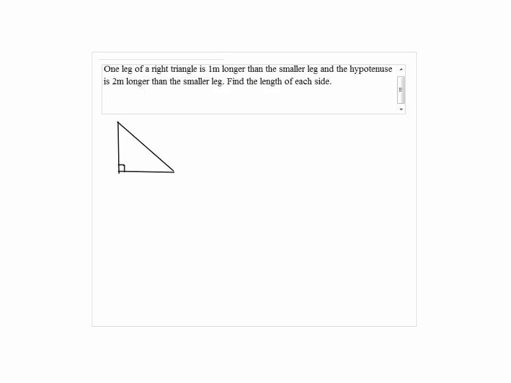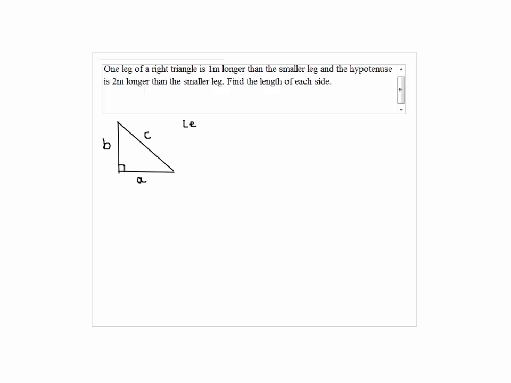One leg of a right triangle is 1 meter longer than the smaller leg, and the hypotenuse is 2 meters longer than the smaller leg. So let's assume we have A here being the smallest one, and this is B, and this is C.